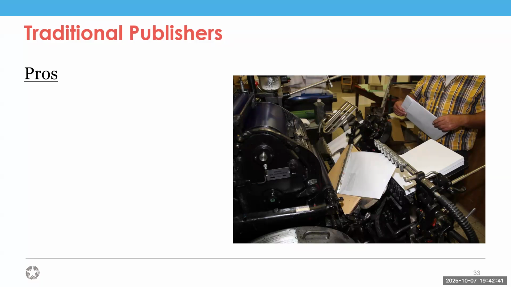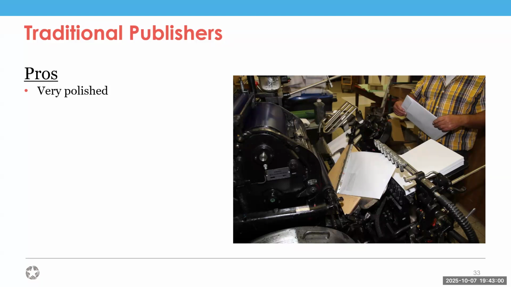It may be of interest to the broader community or wider country audience, perhaps. So you're looking at a traditional publisher, and some pros to that is you can produce something that's very polished, right?